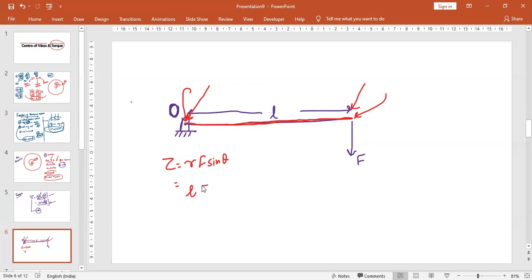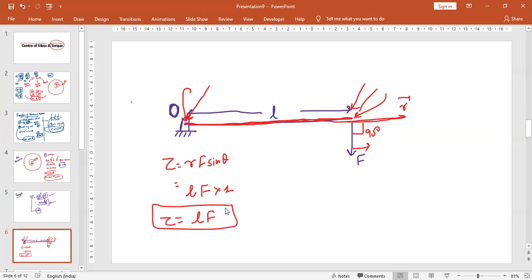F is basically how much force you have applied. And how to calculate theta? You have to extend the line joining both the points. So this will be your R vector and this will be your F vector. And the angle here is 90 degree. So sine 90 is basically 1. So torque is basically L into F. So this is your torque.